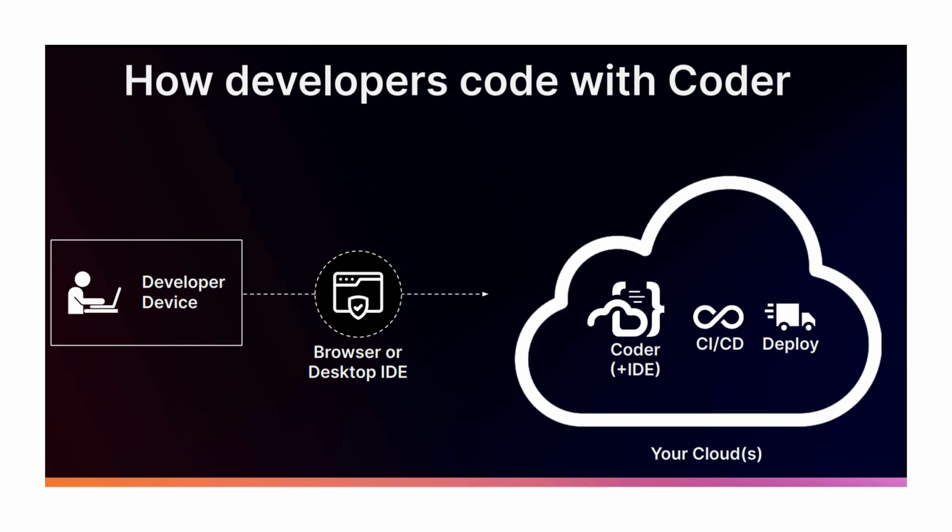So Coder proposes that basically you move the IDE or the workspace into your own cloud, similar to what we're doing with CI/CD pipelines and deployments. And you offer a laptop that is much more lightweight to your developers. And from here, they use a browser or a desktop IDE on their laptop to access workspaces that you build for them in the cloud.